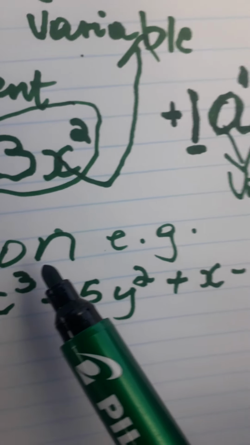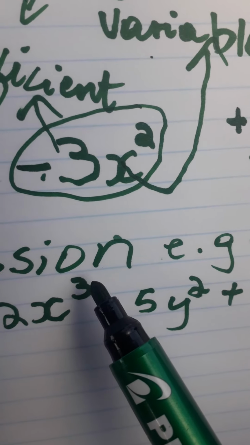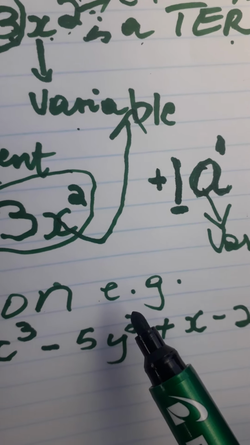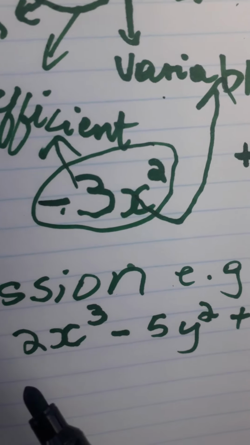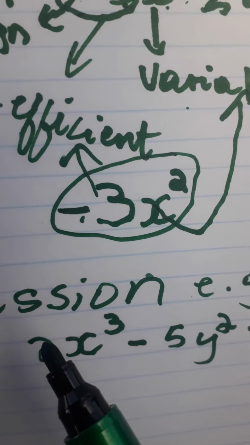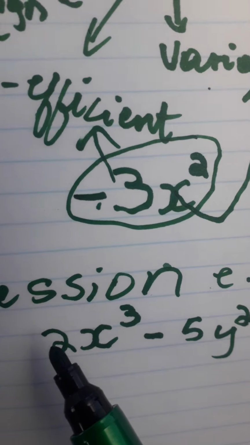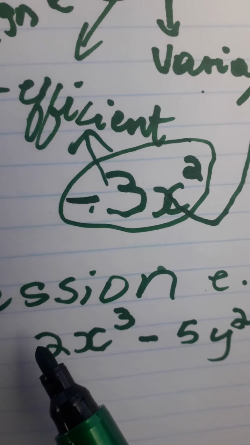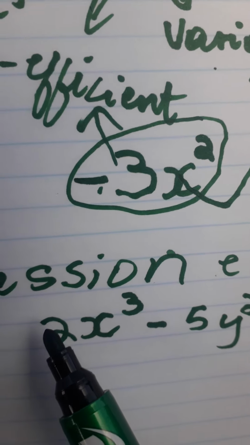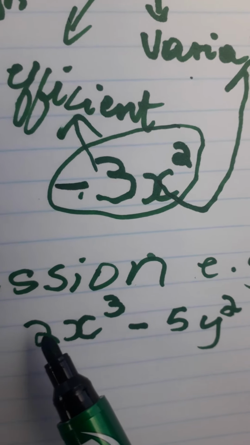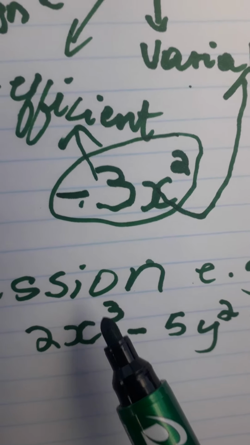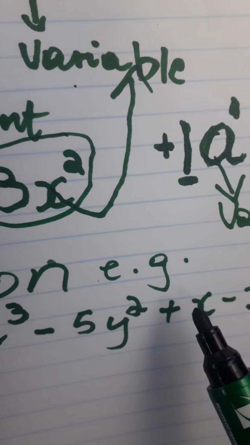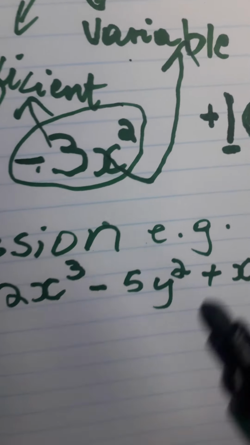When reading, if our exponent is 3 we say cubed, if the exponent is 2 we say squared. So this is read as positive 2x cubed minus 5y squared plus x minus 2. As you can see, the positive is not written, as we don't write the positive at the beginning.